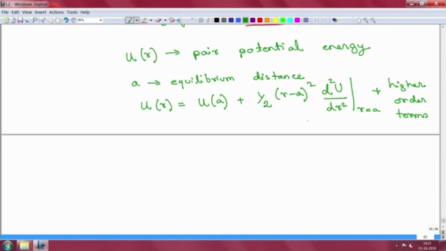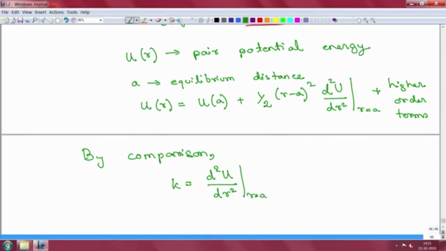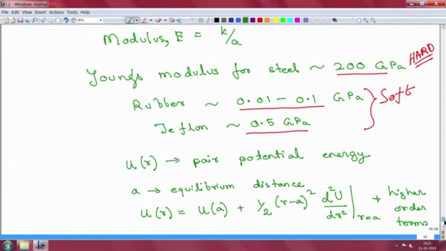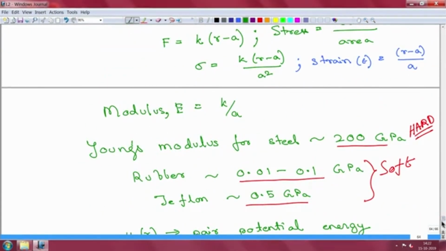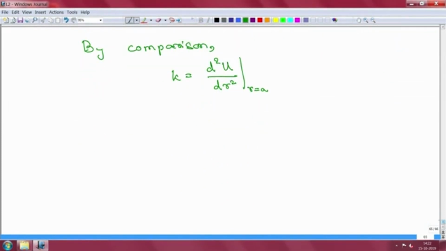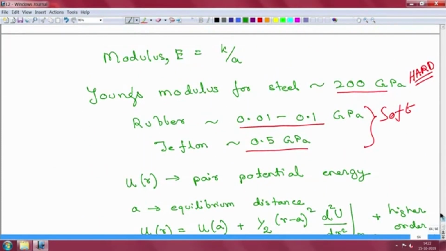And if you compare the two, by comparison you can say that k is equal to the second derivative of U at r equal to a. So, now we want to see where we are trying to go. We just got the Young's modulus in terms of some spring constant. So, we want to find out this Young's modulus in terms of this pair potential energy.